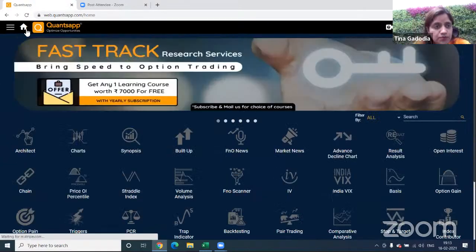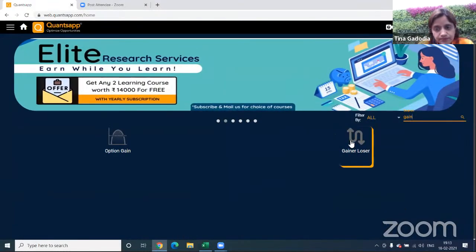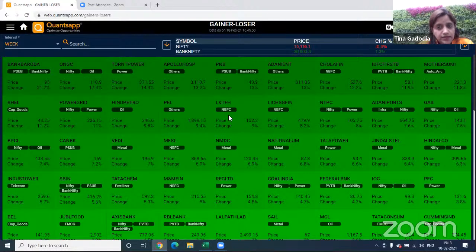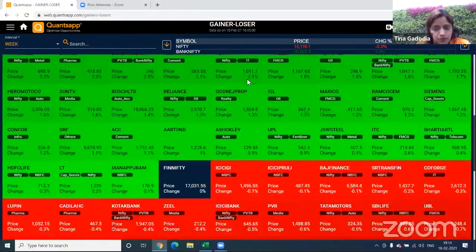Similar to index contributors, now you can also look at the gainers and losers. So if I look at the gainers and losers for the week, Bank Nifty is up 1.3%, Nifty is nearly flat. The stocks which performed were PSU banks, power, then you have oil. So PSU banks and power were the contributors.